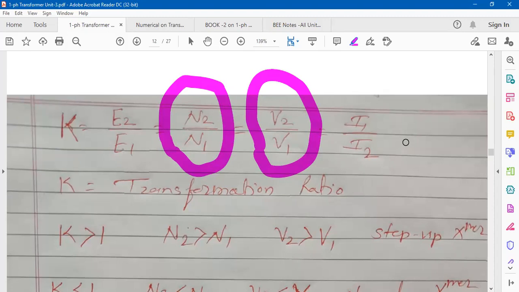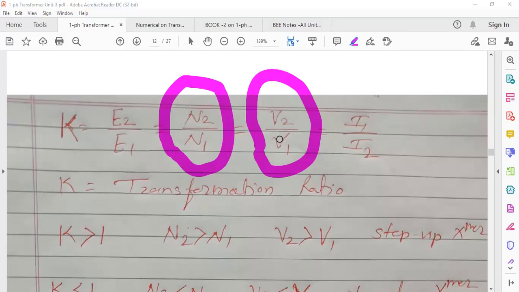If it is a step up transformer, which one will be more? N2 will be more, correct. That is V2 will be more in step up transformer.